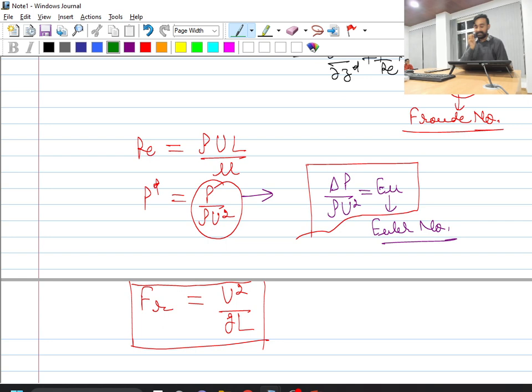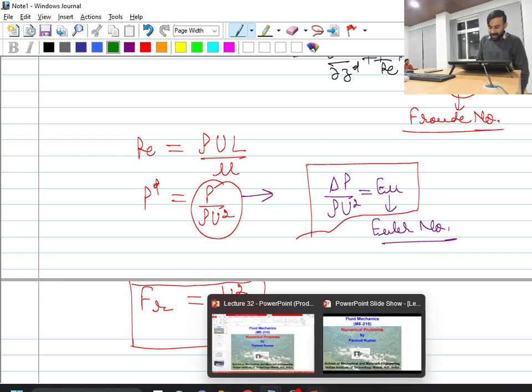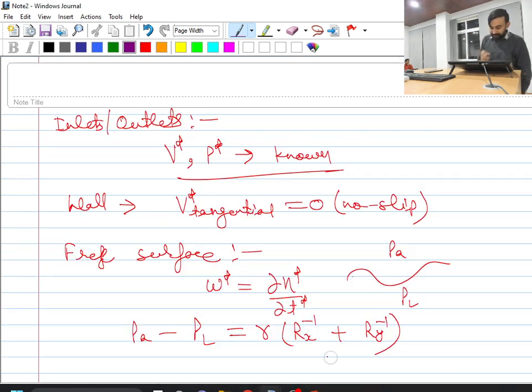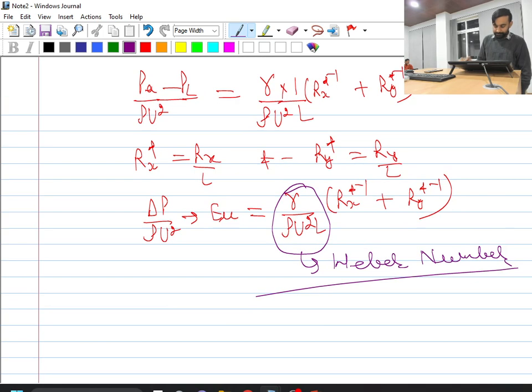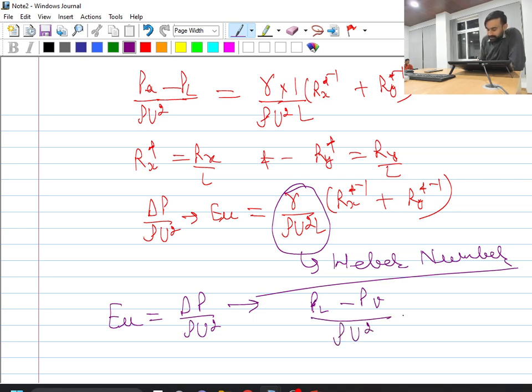And this second number, the Euler number, becomes the cavitation number if, so the definition of Euler number is delta P by rho u square, and you consider your delta P to be nothing but P of liquid minus P of vapor, and then you write rho u square. In this scenario, we call this number our cavitation number.